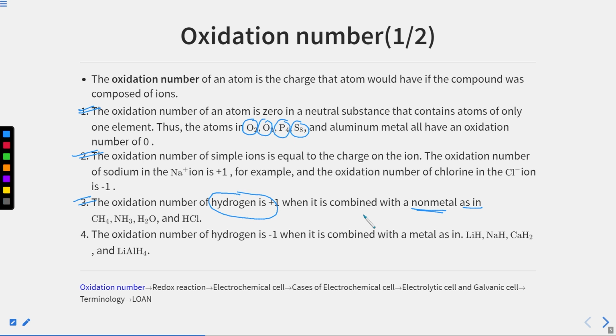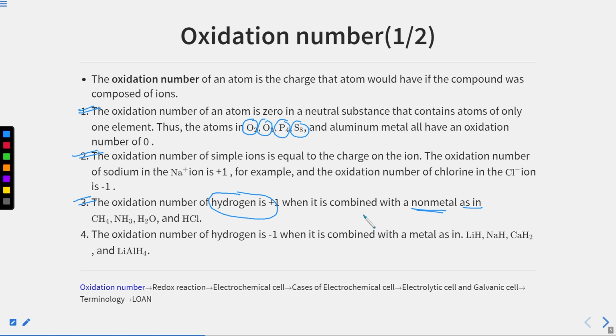Because if it is getting one electron, it is completing its octet, and that's it. It will not acquire any more electrons. Similarly, it has only one electron, so it can lose at most one electron. It cannot lose more than one electron. So two cases arise, +1 and -1.